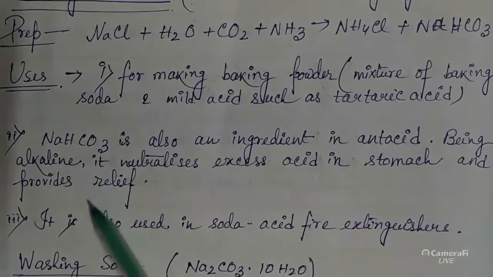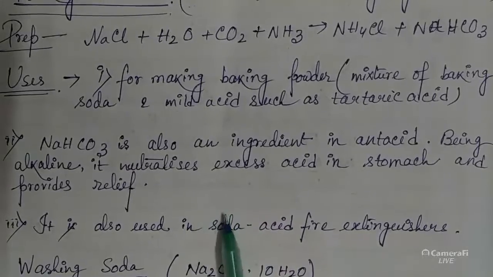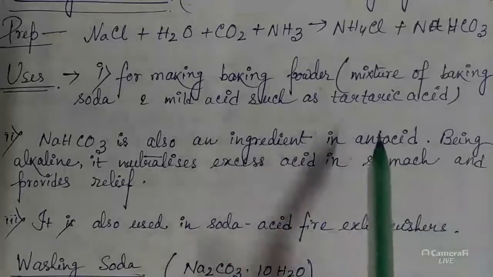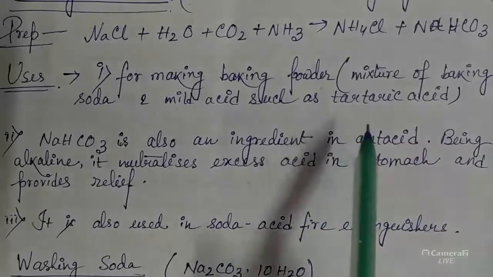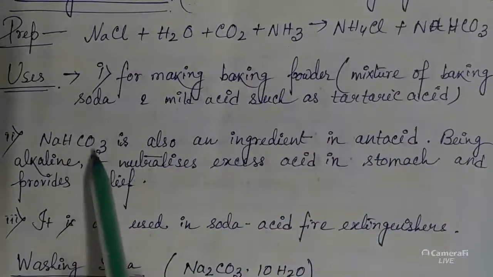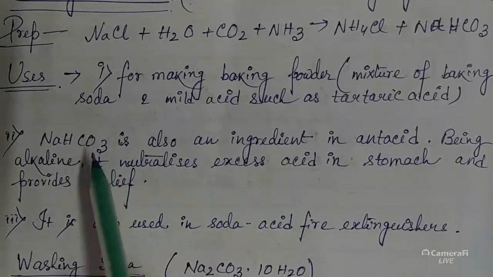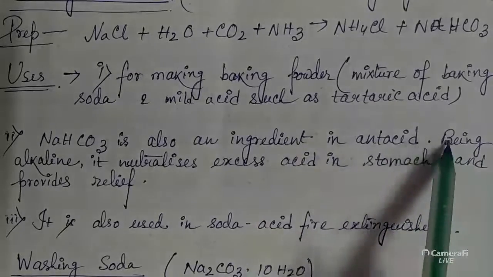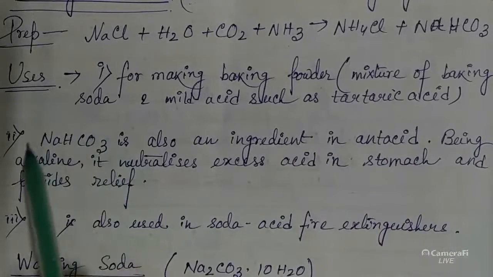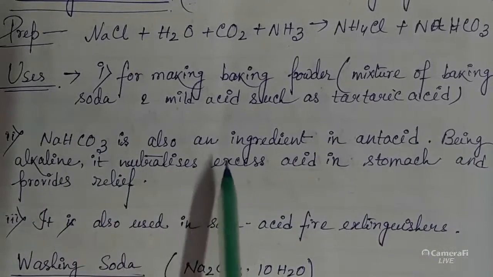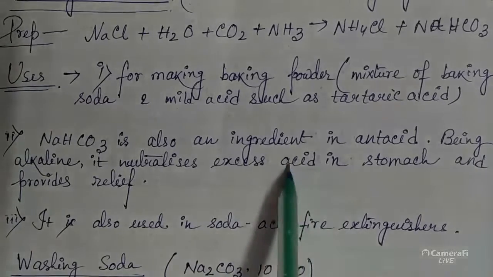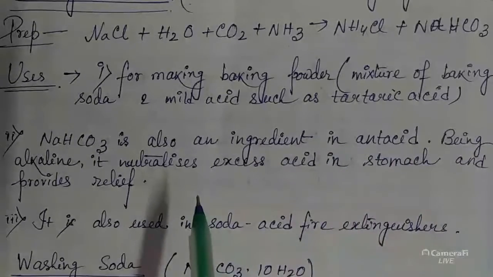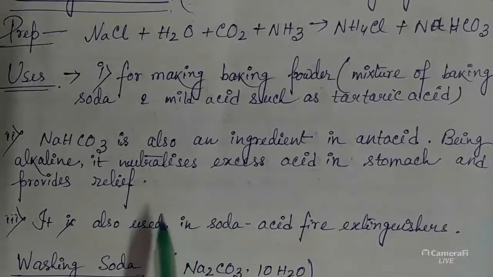Now sodium hydrogen carbonate also acts as a reagent in antacid. In antacid, many substances are used, but sodium hydrogen carbonate is one of the reagents used for making antacid. For what reason? Because sodium hydrogen carbonate is alkaline in nature, so it can easily neutralize the excess acid in our stomach and provide relief from acidity.